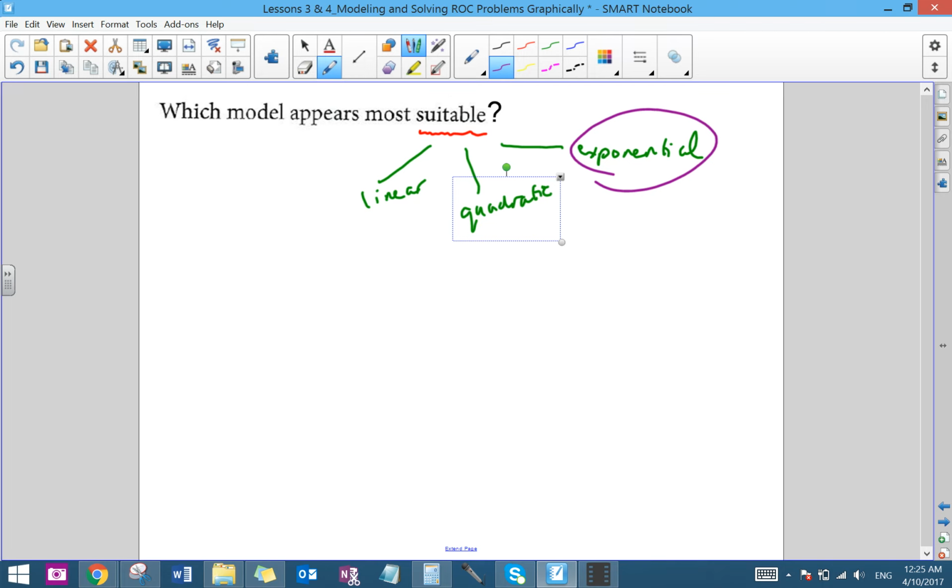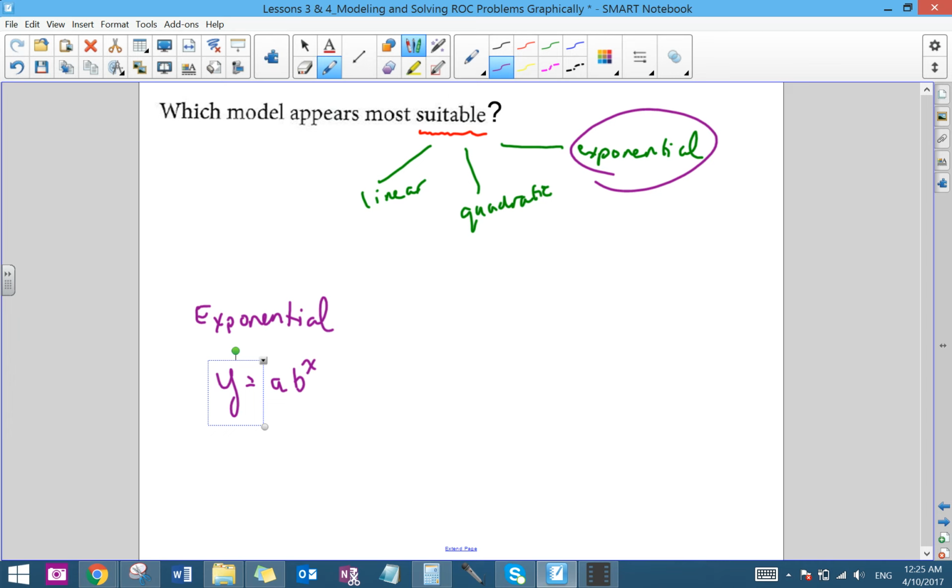With that being said, recall that from our notes, there are a variety of different equations. For the exponential, it's y equals a, the initial value, multiplied by b, the base, to the x, where b is, depending on the context, either a growth factor or a decay factor.